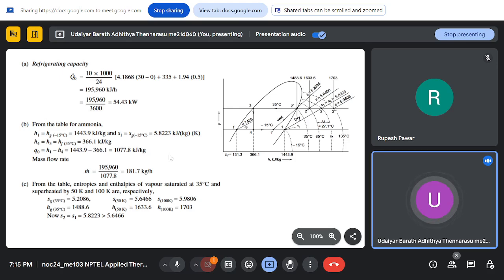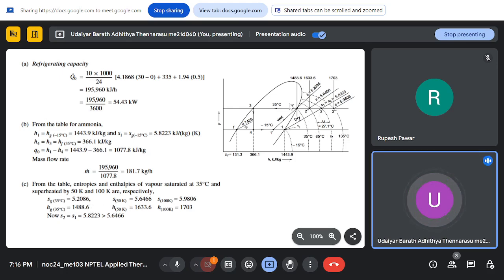So next we need to find out the discharge temperature. This is by the table chart.